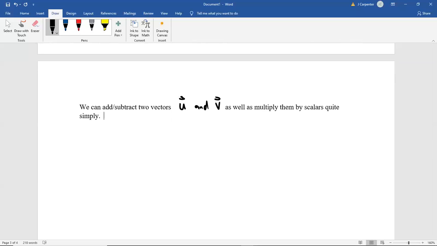And when I say quite simply, I mean just do the arithmetic as it looks, combine like terms, distribute. That's it. There's literally nothing new to teach you here.